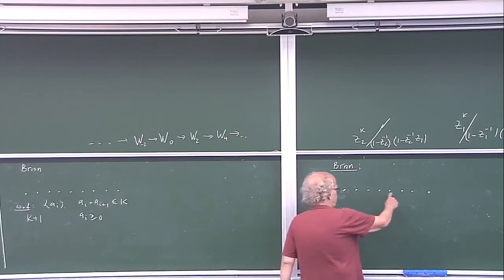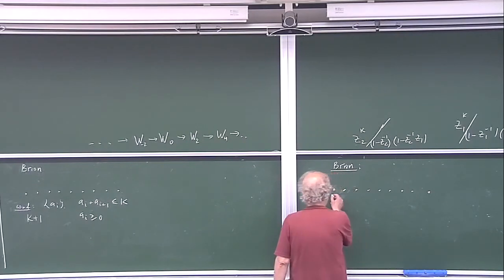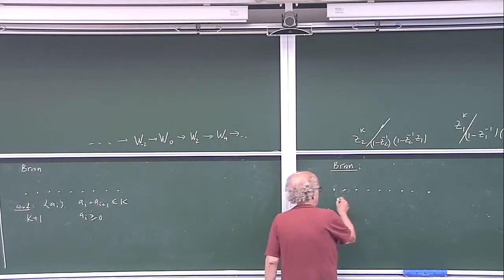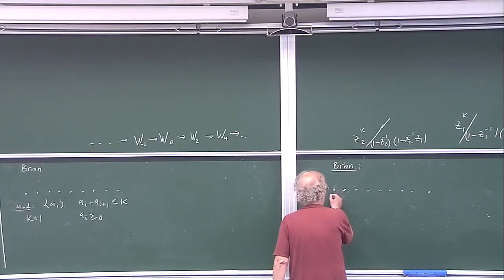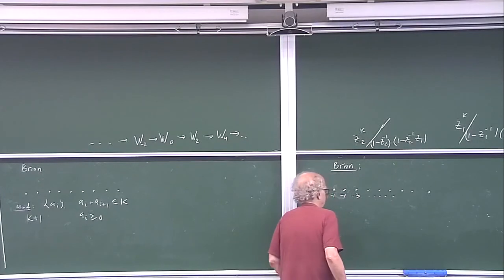Suppose I have a half of my line, and suppose I enumerate the points in some way, maybe -1, -2, -3, and so on.